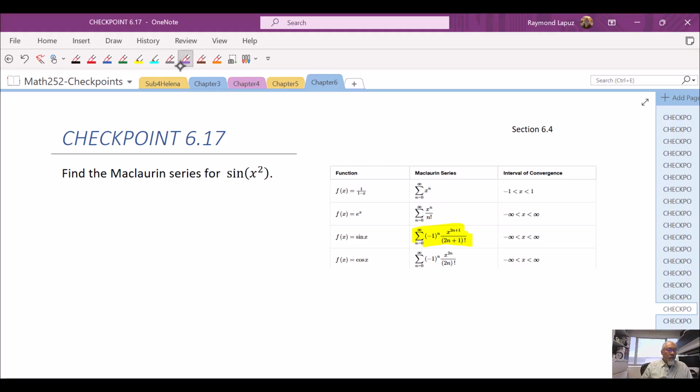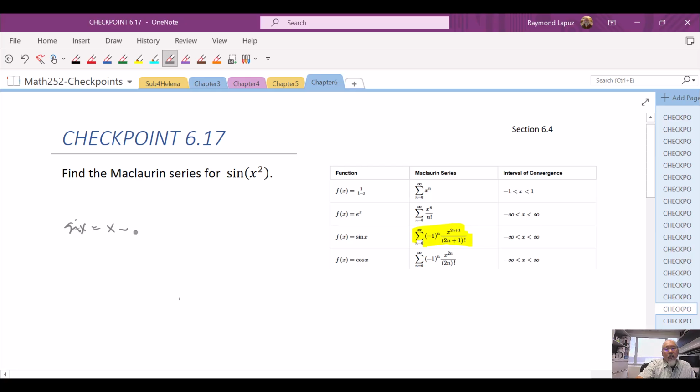Now, for sine x, maybe we should write out a few terms here. Sine x is equal to, it's an odd function, so you'll have odd power parts of the polynomial.